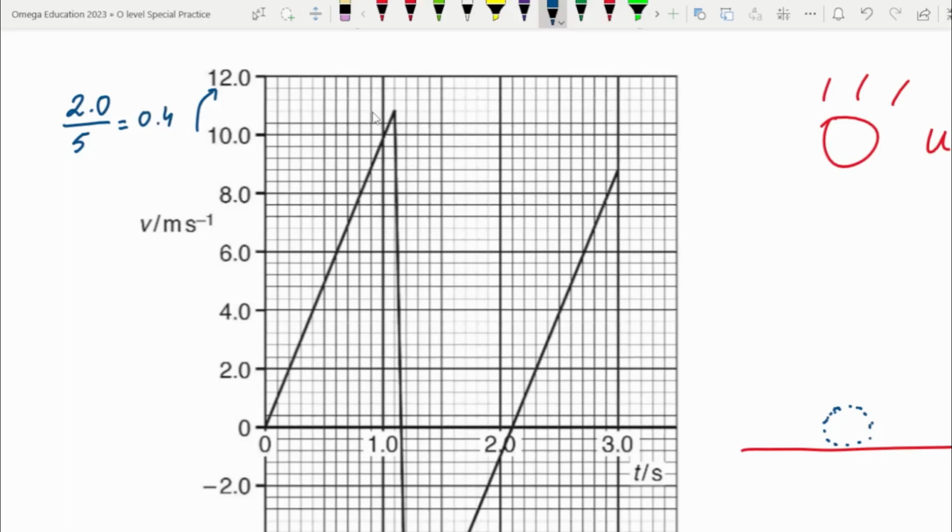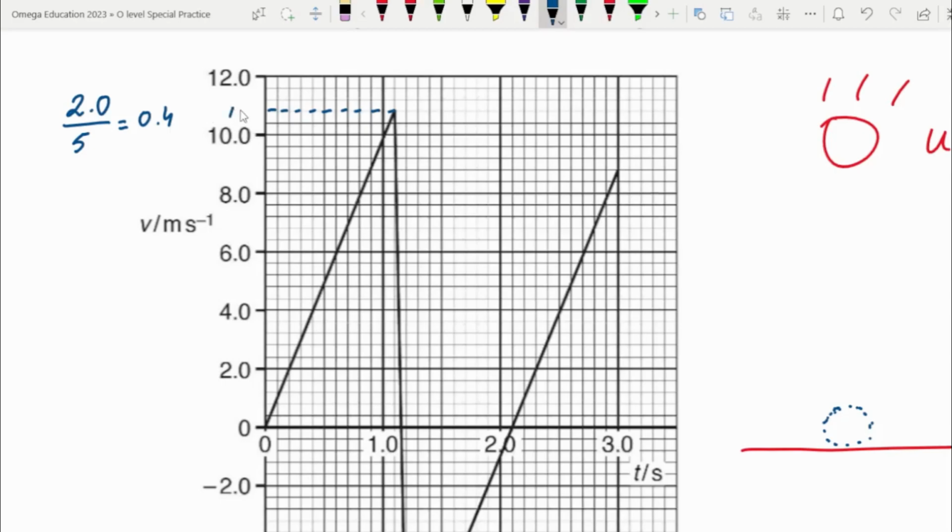So what is the velocity at this point? It is 2 lines above 10.0. So should that be 10.8? After the first small square it would be 10.4, and after the next small square it would be 10.8.